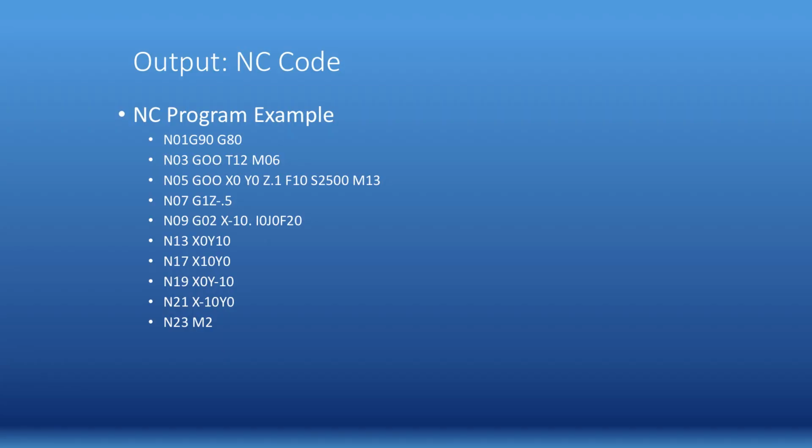Here is an example: N01 line number, G90, whether it is incremental or absolute. In this program X0 Y0 means the tool move starts from the 0 position, then Z, F means feed, S means spindle speed, then M30.